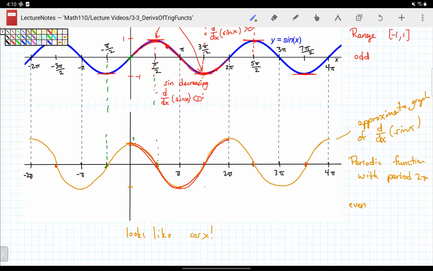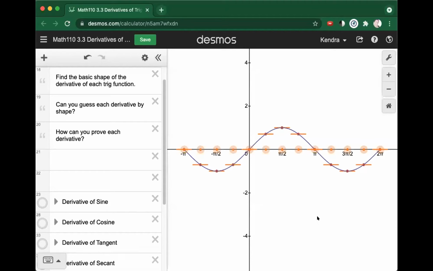In order for us to determine with confidence what the derivative is, we actually need to do some calculations with it. But before we do that, I want to do this sketched graph of the derivative using the precision of Desmos. Okay. So here is the sine curve.